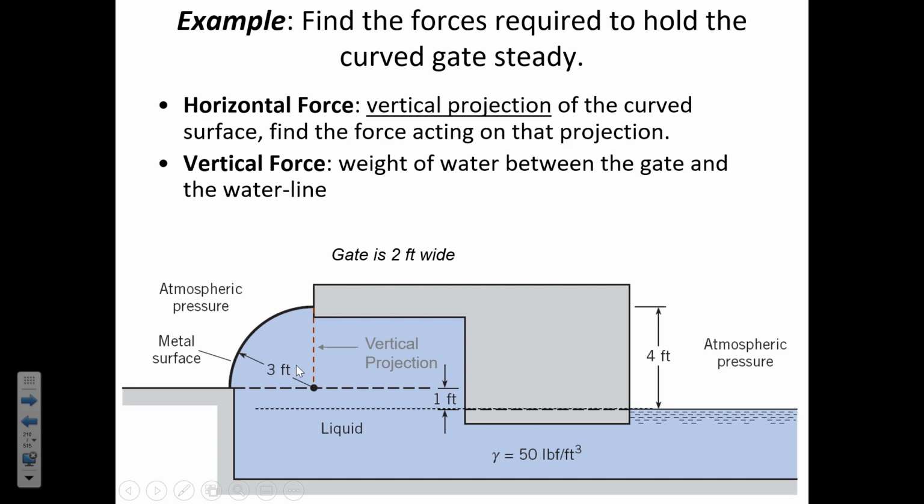Okay, so the vertical projection is a vertically oriented rectangular gate with the width of 2 feet and a height of 3 feet. Okay, so to find the horizontal forces, just find the force on the centroid.